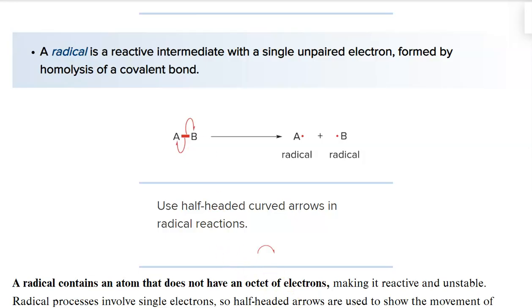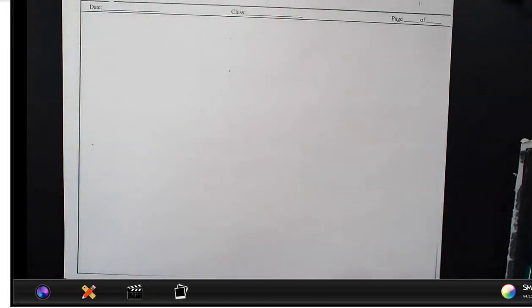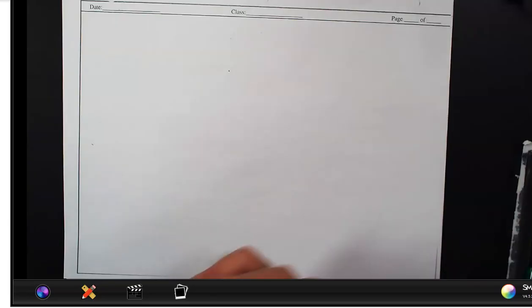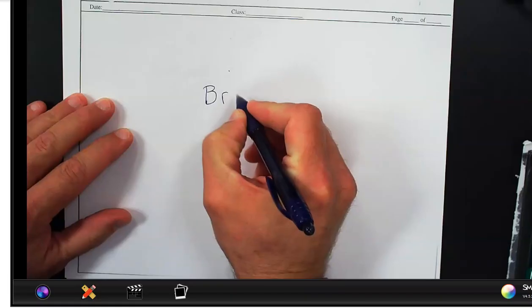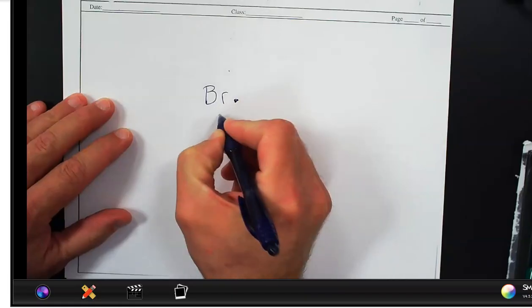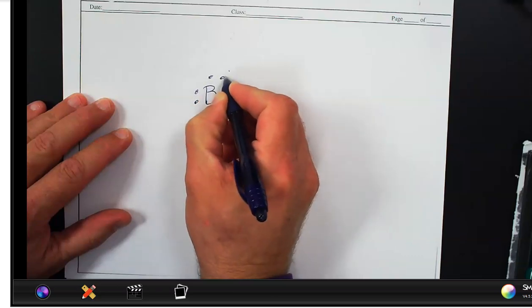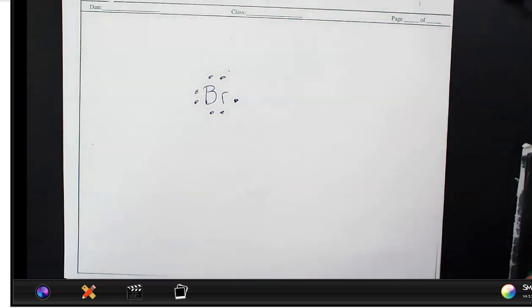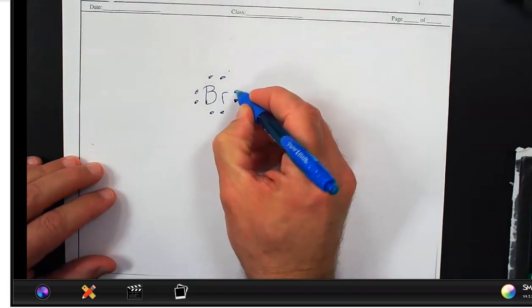Now you know that each bromine has 7 valence electrons. Let me draw this. Let me switch to the camera. All right. One of them has 7 valence electrons, so I'm going to put them here: 3, 4, 5, 6, 7. And then I'll do another bromine in a different color.